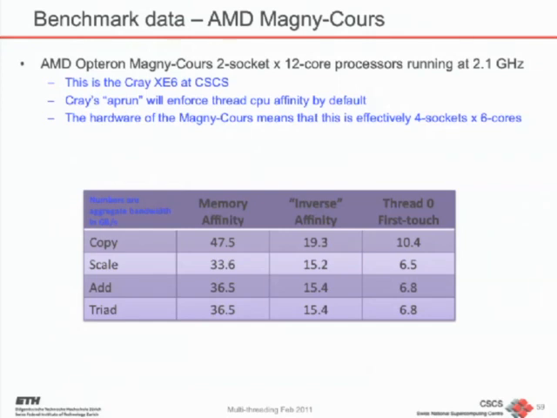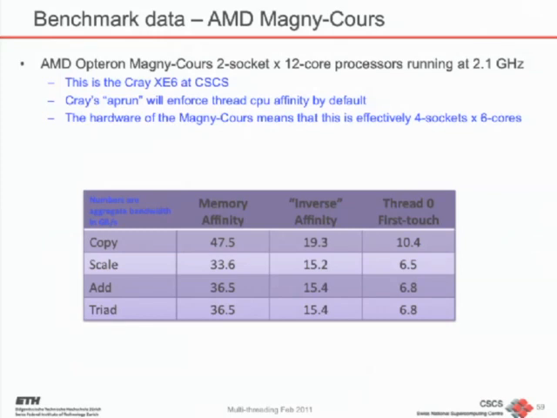Okay. And what we get is standard memory affinity. We're getting close to the peak theoretical performance of a Magny-Cours, which is reduced on what we will see in the Istanbul, even though the memory is the same for various reasons that I won't go into.